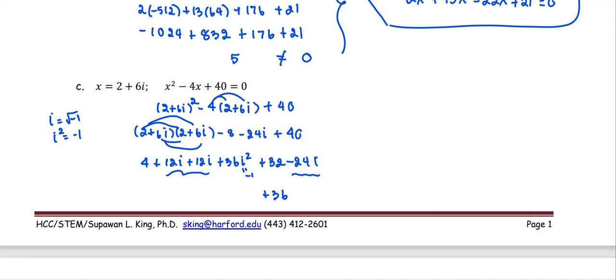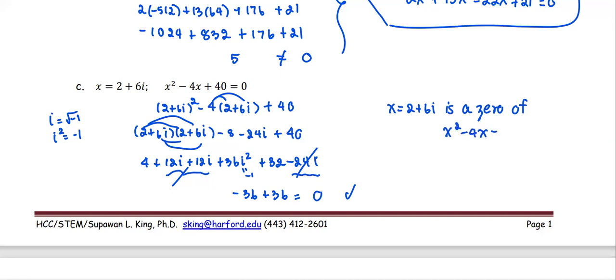The 12i and 12i and negative 24i are gone. 36 times negative 1 is negative 36, which turns out to be 0. So we can say that x equals 2 plus 6i is a zero of the polynomial equation x squared minus 4x plus 40 equals 0.